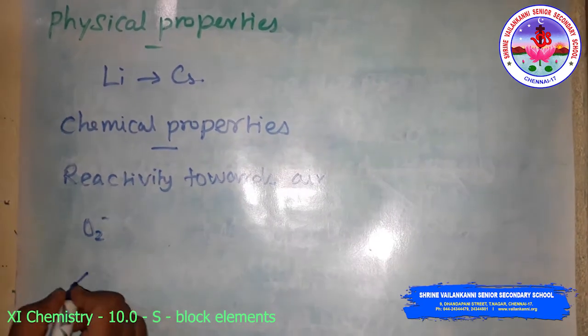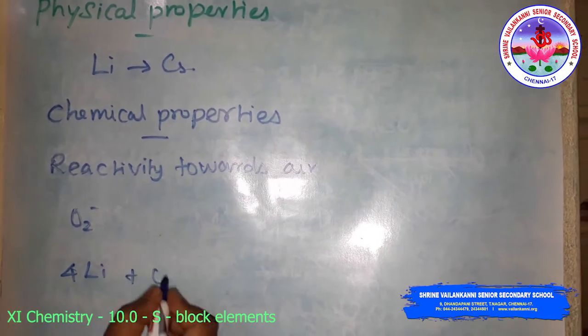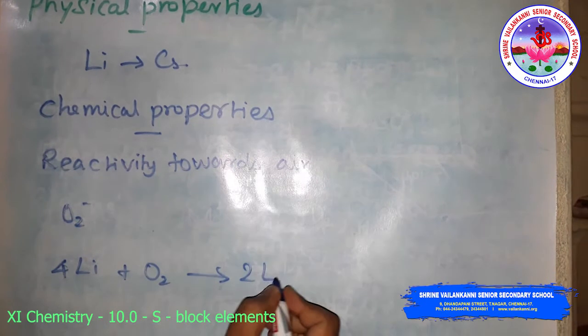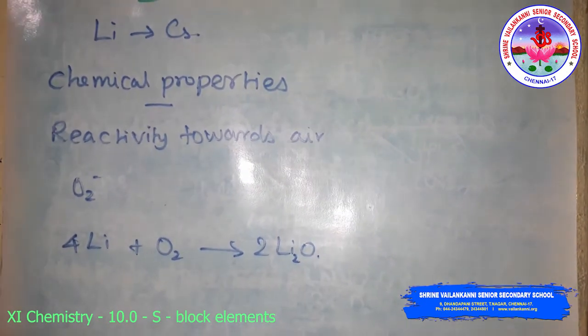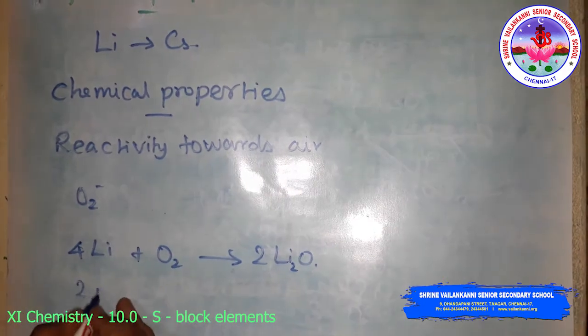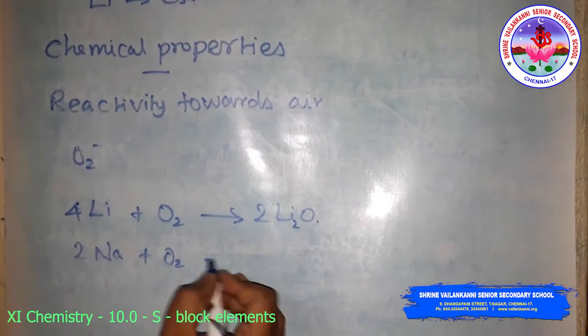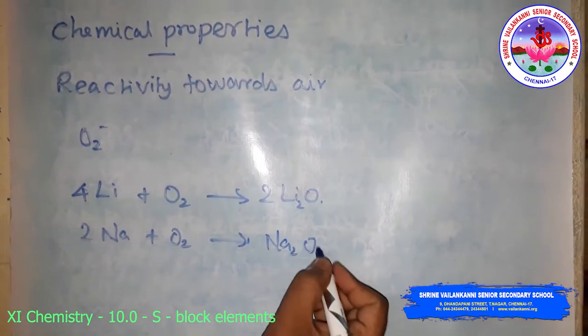For example, 4 moles of lithium react with oxygen to form lithium oxide, Li2O. Then sodium reacts with oxygen to form sodium peroxide, Na2O2.